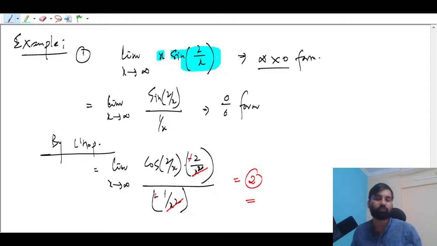So how simple this question is, if you know how to convert the product form of indeterminate to 0 by 0 or infinity by infinity. I hope this makes sense.